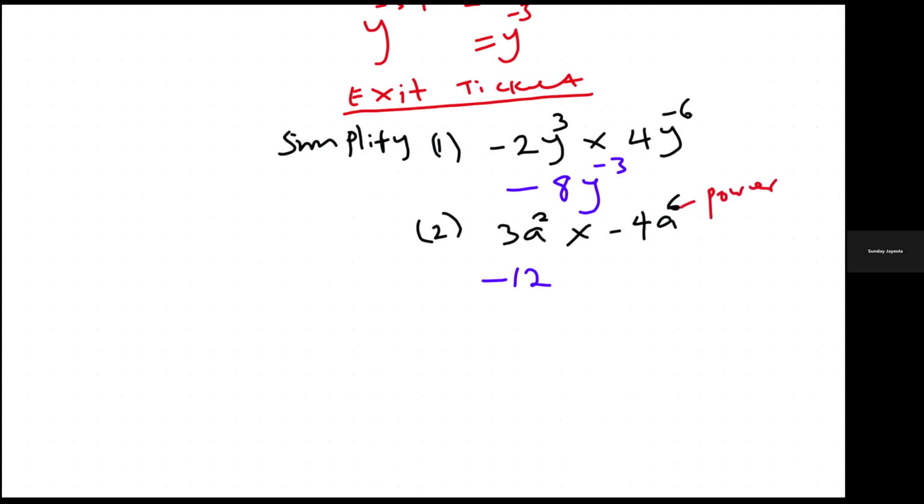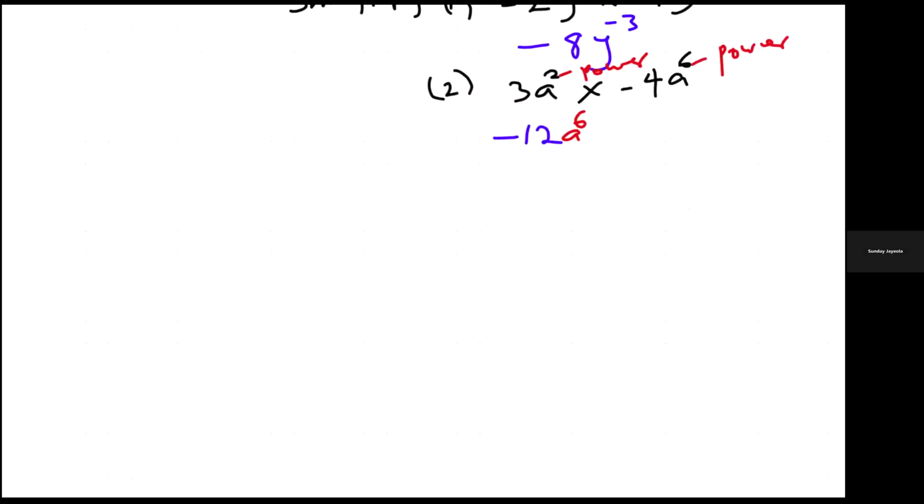So you add them together, and a raised to power 2 times a raised to power 6 becomes a raised to power 8. That is about addition. So the answer is negative 12a raised to power 8. We'll go to the division now, likewise what we have done, the division aspect.